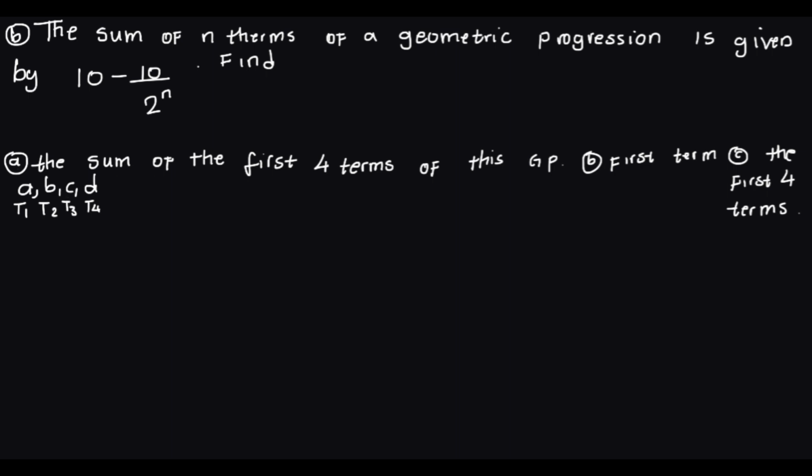So the sum of the first 4 terms of this GP. Now the sum is the total number that we get after adding 2 or more numbers. So in our case, the sum of the first 4 terms, we need to add these 4 terms. A plus B plus C plus D is the sum of these 4 terms.